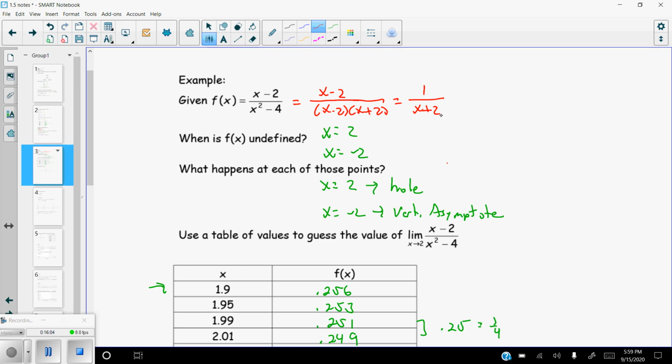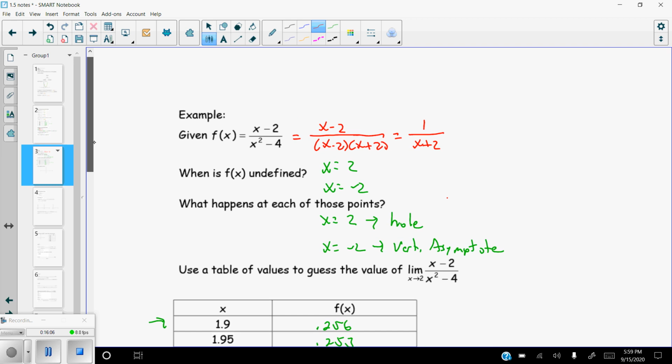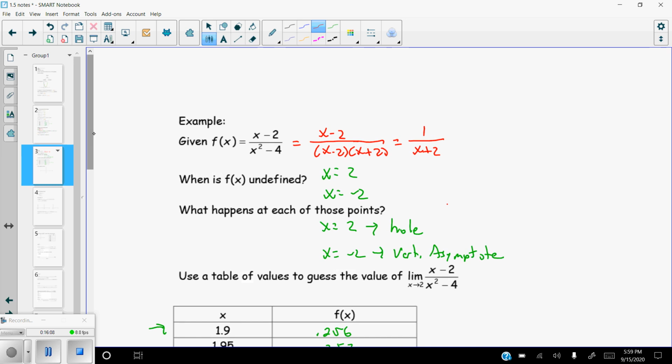Now, this is a graph that if you don't remember what it looks like, we kind of need to know the base function or the parent function of this one. The parent function of 1 over x plus 2 is 1 over x. So 1 over x, or f of x equals 1 over x, basically looks like this.